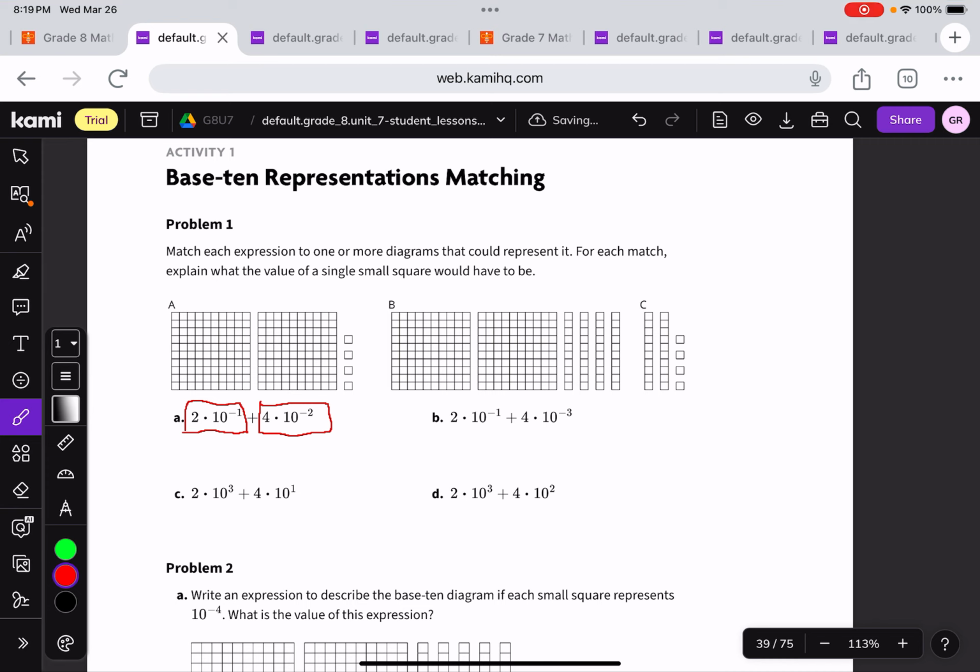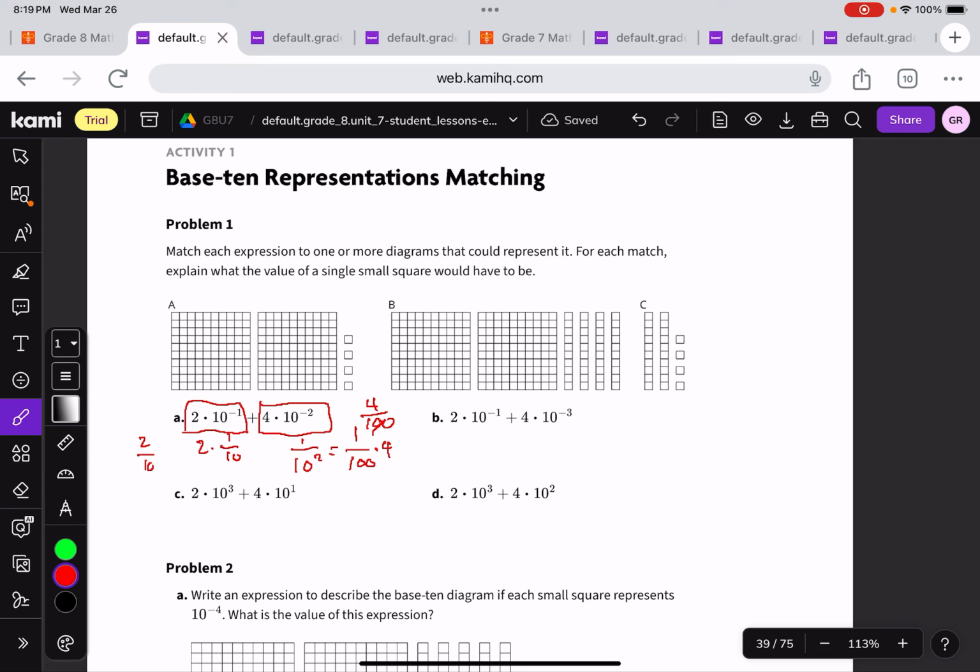If you remember, 10 to the -1st is 1/10, or 1 over 10 to the 1st, and 2 times 1/10 would be 2/10. And this is 1 over 10 squared, or 1/100th, times 4 would make this 4/100ths. So I've got 2 tenths and 4 hundredths.